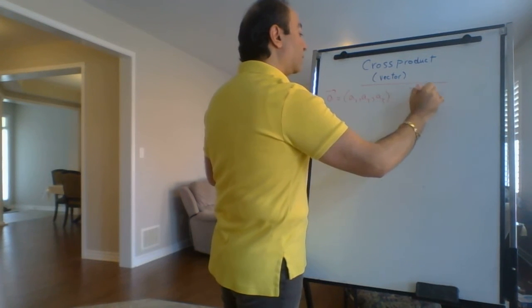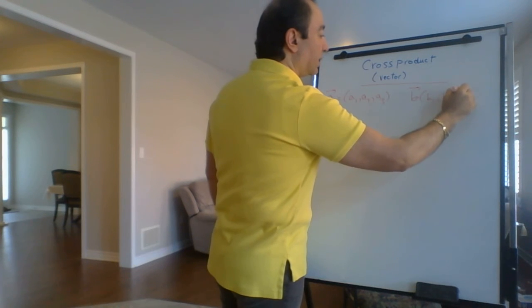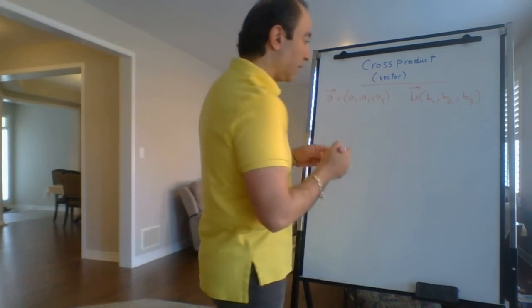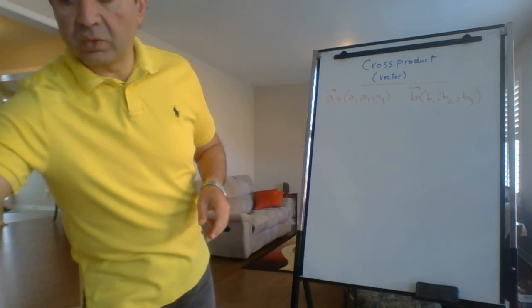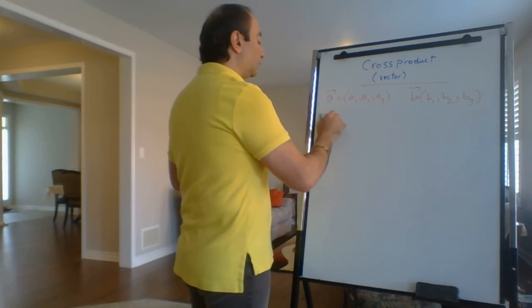So let's say vector A has components A1, A2, A3, and vector B is B1, B2, B3, and I want to do the cross product A cross B.